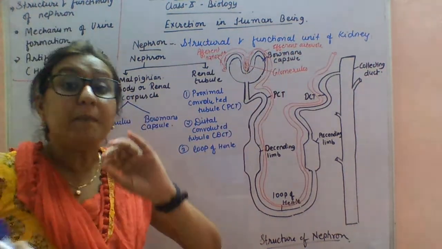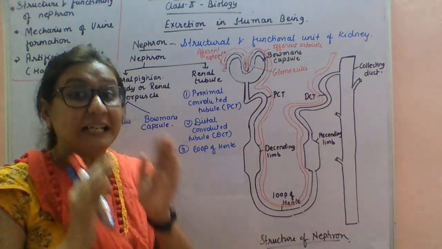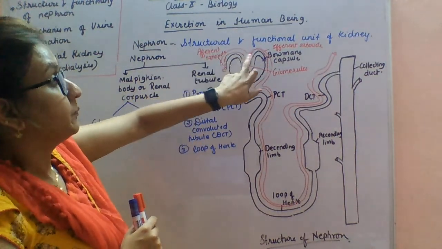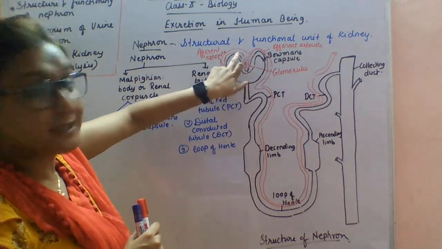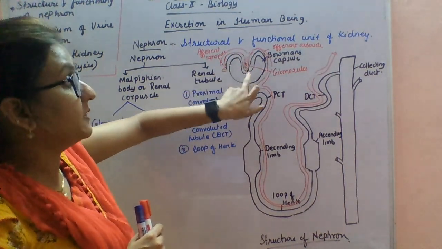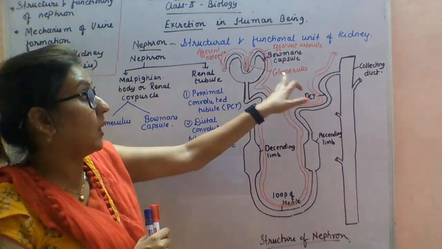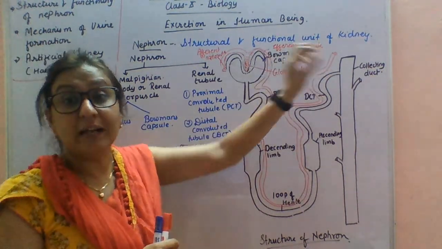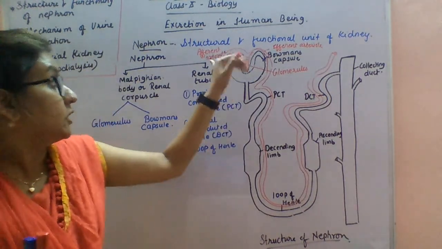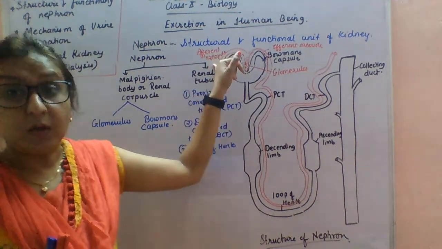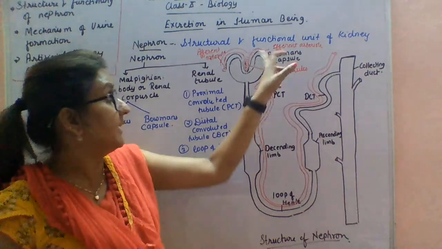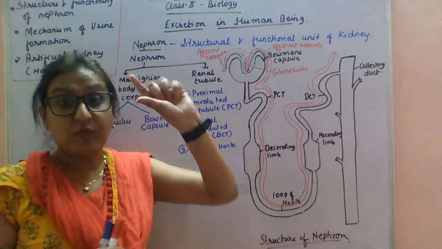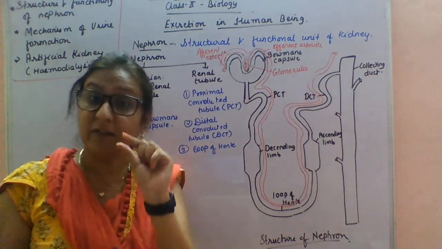So the renal artery divides to form the afferent arteriole. When the afferent arteriole reaches the Bowman's capsule, it forms a tuft of capillaries, the glomerulus, and after that it reunites to form the efferent arteriole. The diameter of the afferent arteriole is much wider than that of the efferent arteriole. This is wider, whereas this is comparatively narrower.